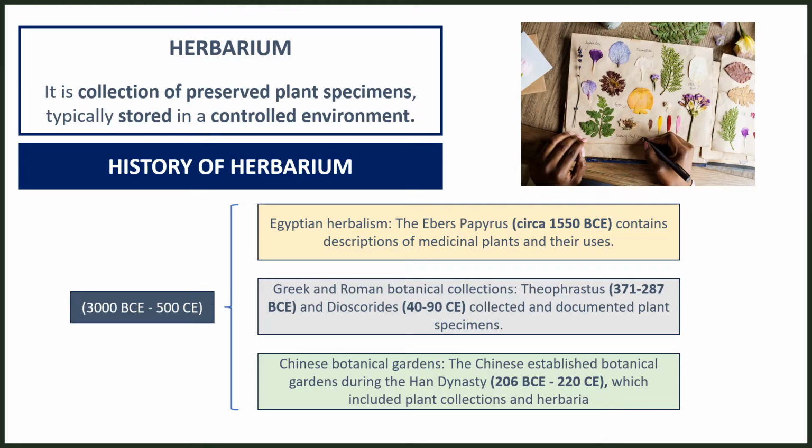They had descriptions of plants and documented them in different ways. Sometimes they kept the plants in a dried form, but not exactly in the way present herbarium specimens are made. So this was the ancient period.